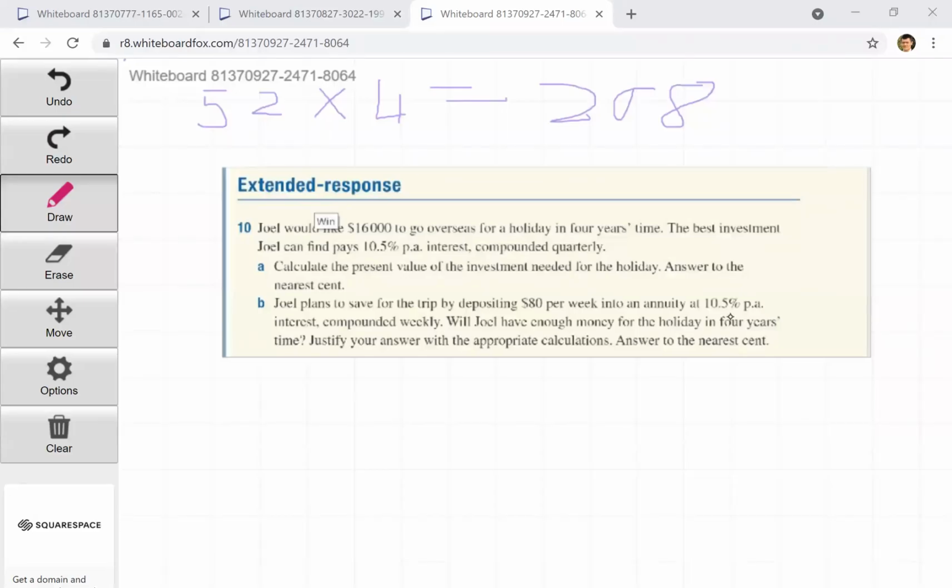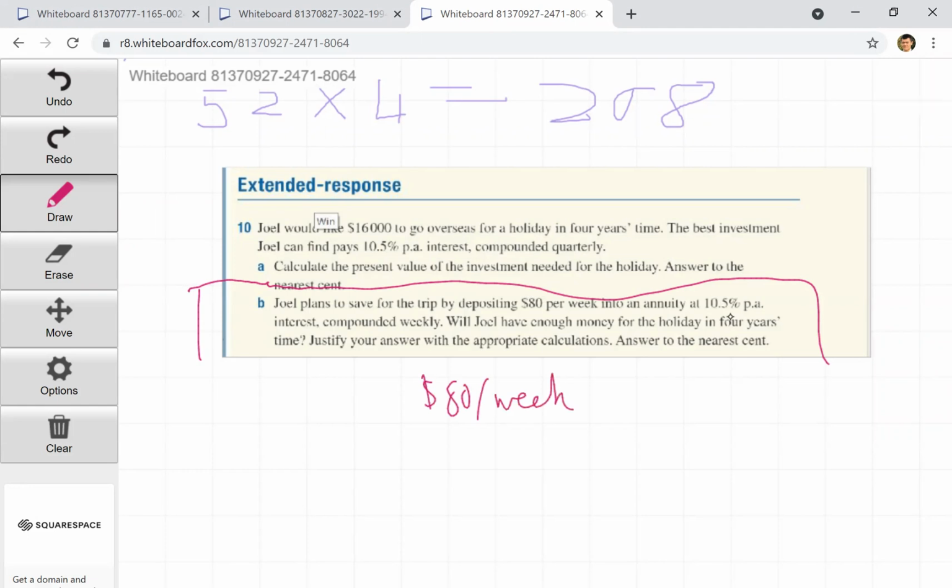Okay, so let's try to make the most of the table, yeah? So what is the percentage that you have? $80 per week. What is the percentage per week? It's 10.5 on 52, right? Oh, yeah.